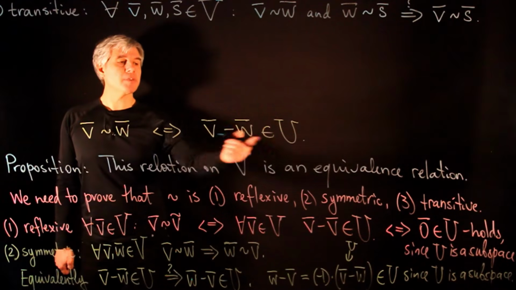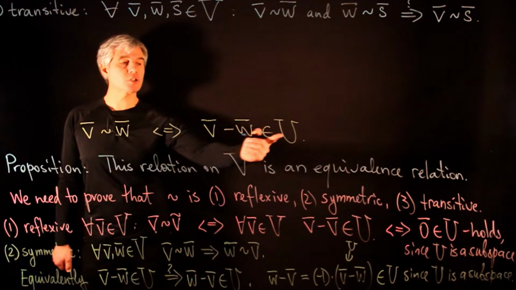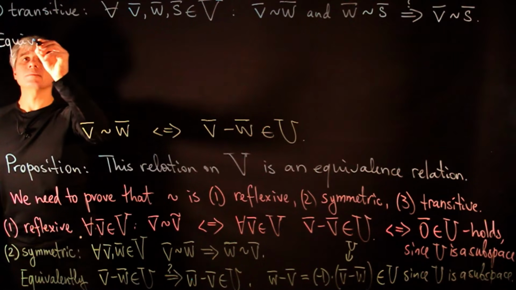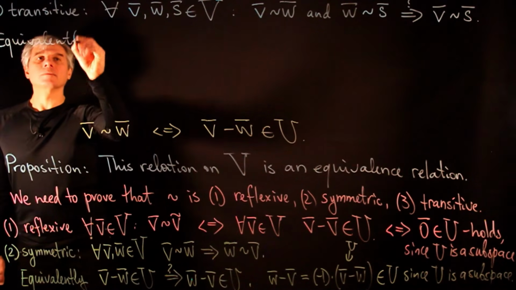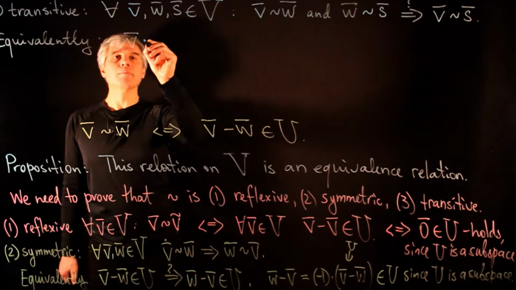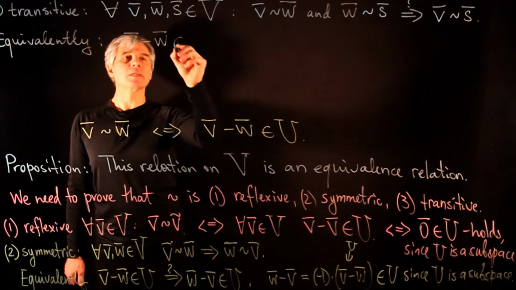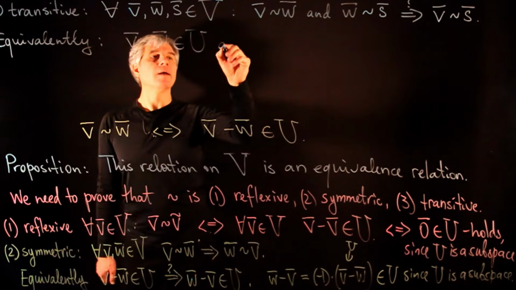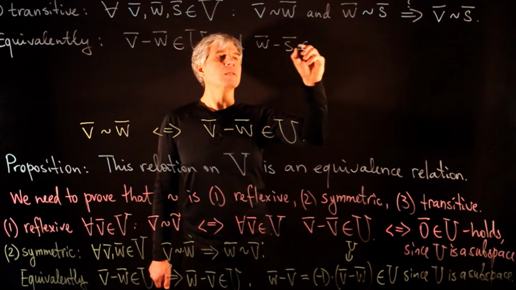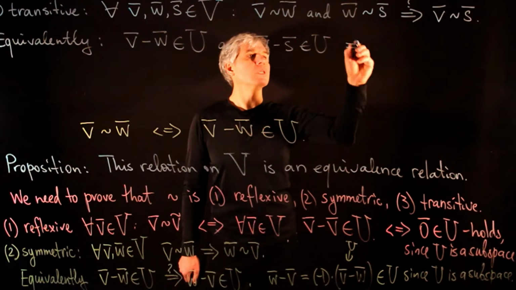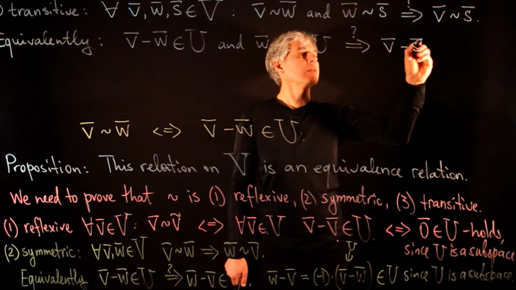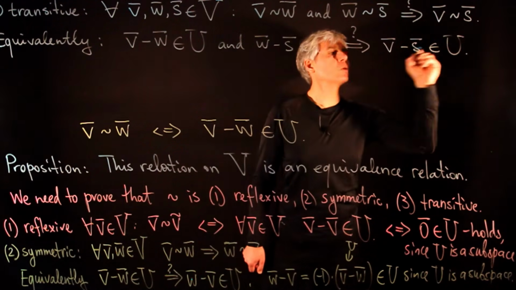Now, let us spell this out using our construction of this relation. Equivalently, if v minus w is in the subspace U and w minus s is in the subspace U, we need to check that v minus s is also in the subspace U.